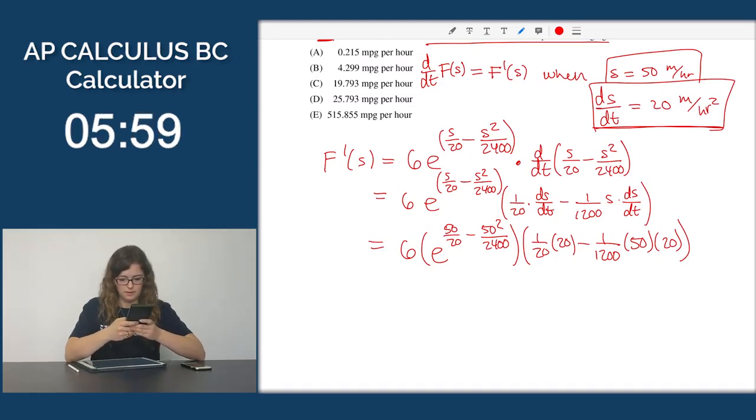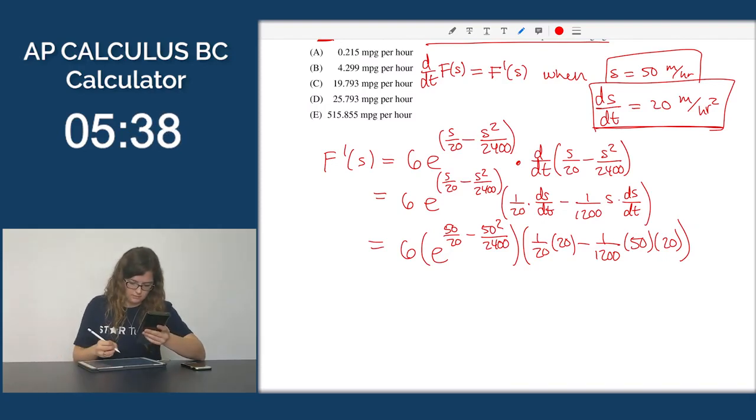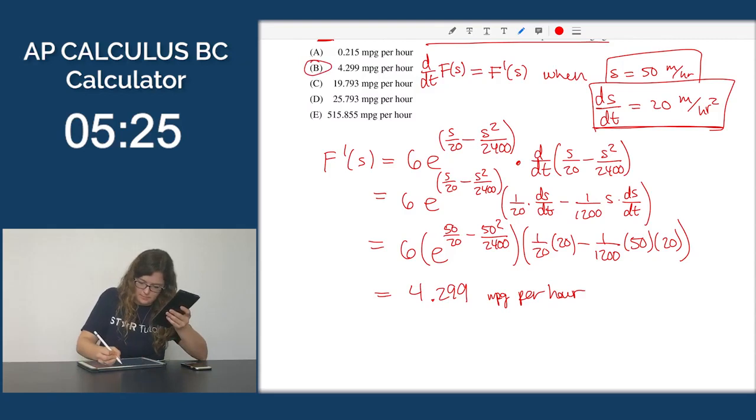And then I'm multiplying that by 1 minus 50 times 20 divided by 1,200. Okay. My calculator says that that is 4.299 miles per gallon per hour. All right, that was hard. B.